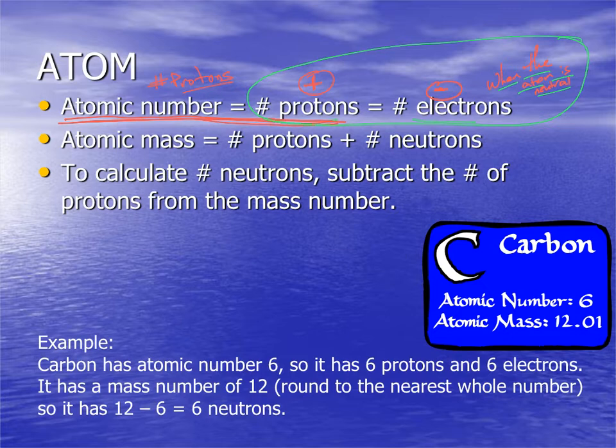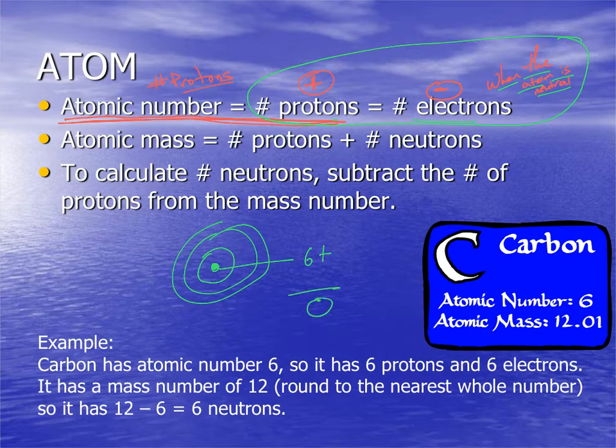And why does that make sense? Because if you have an atom and it has this bunch of electrons going around it, and this has 6 protons, how do you get a neutral atom? That means it has zero charge. If it didn't have any electrons, if they just had protons and neutrons, neutrons are neutral, so we don't have to worry about those.